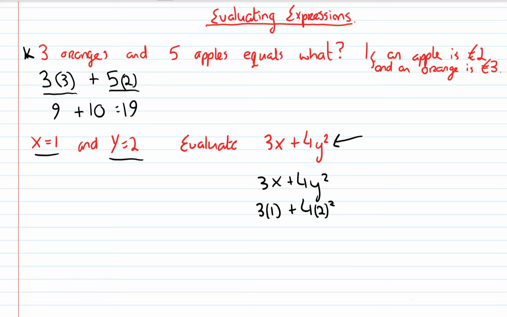So brackets, indices. There's nothing in the brackets to do here. So the next step is our indices, which is the squared. So 3 times 1 plus 4 times, and 2 squared is 4. 3 1s are 3, 4 4s are 16, and 3 plus 16 is 19.